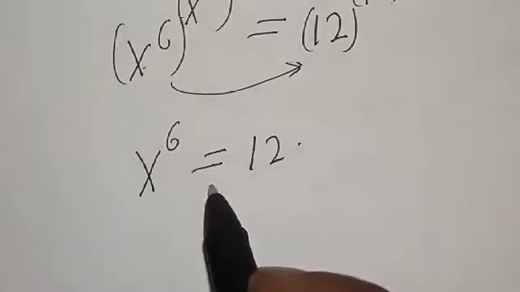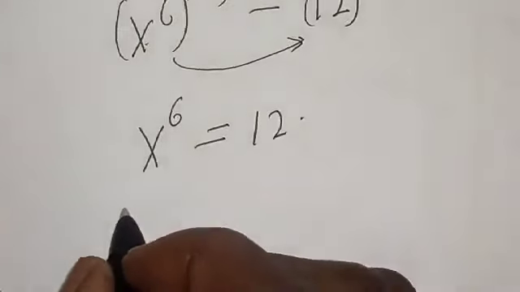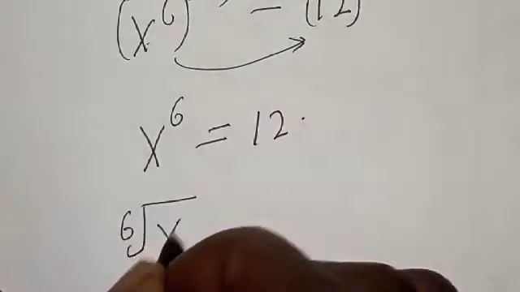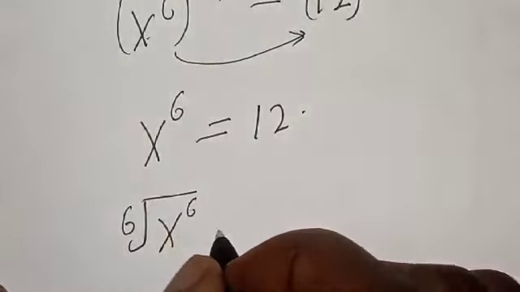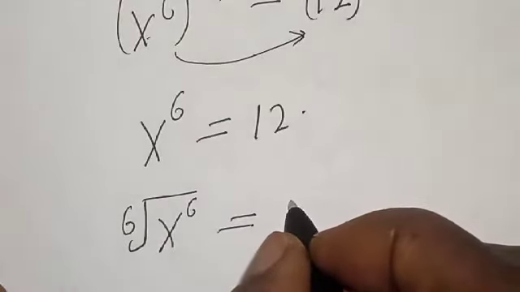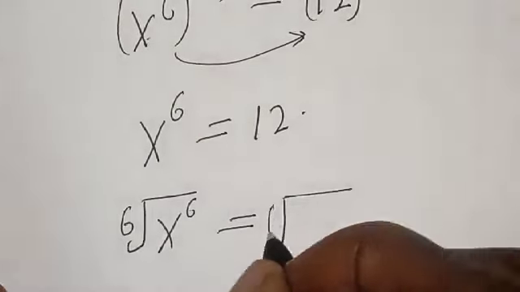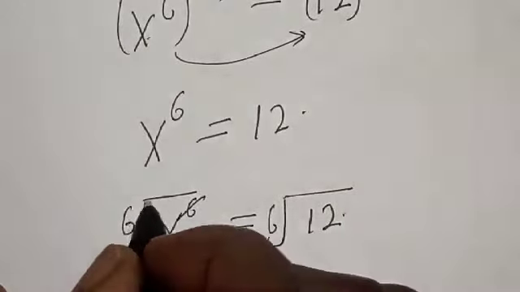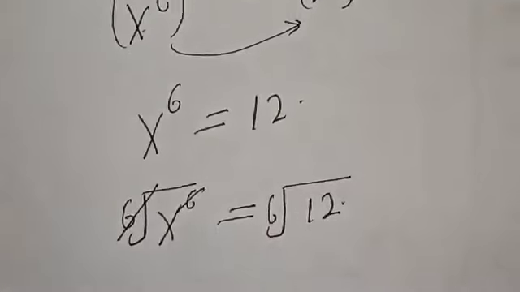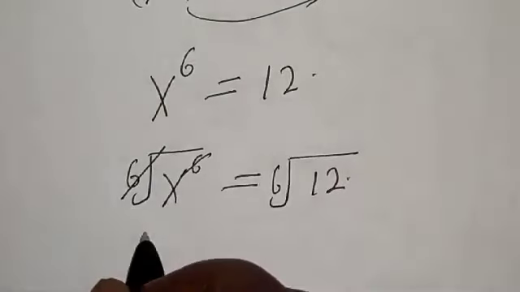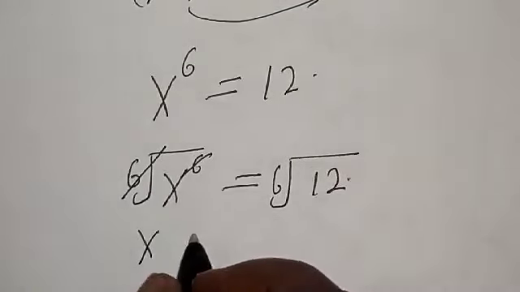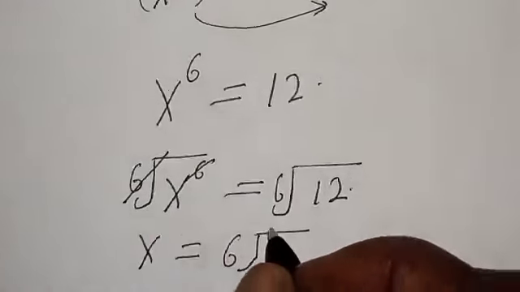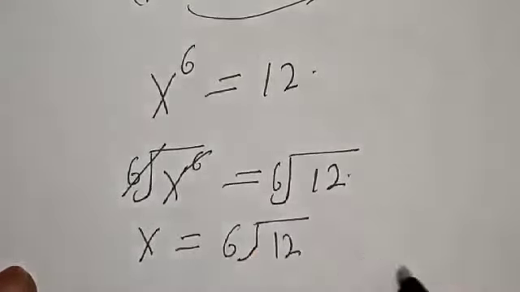Let's take the sixth root of both sides, that is sixth root of x raised to power 6 is equal to sixth root of 12. This one will cancel this. Then x is equal to sixth root of 12.